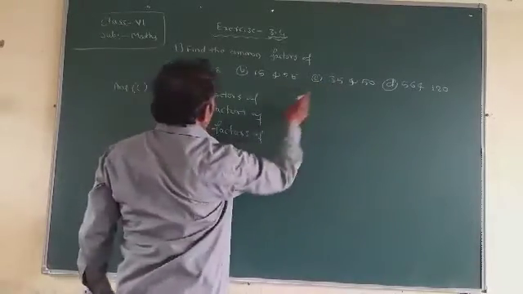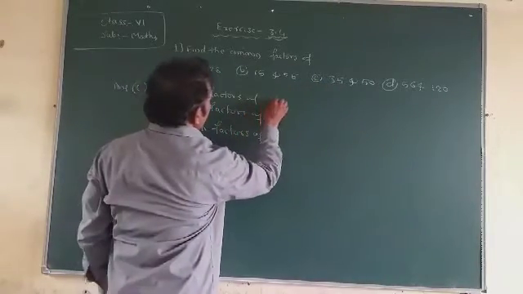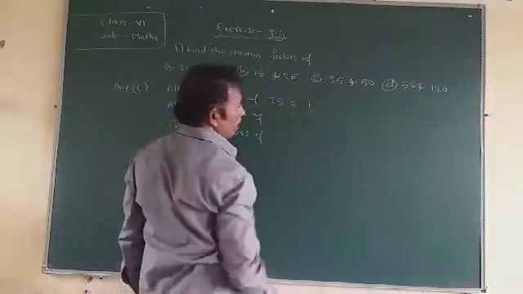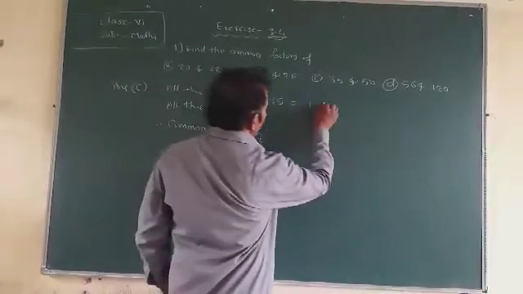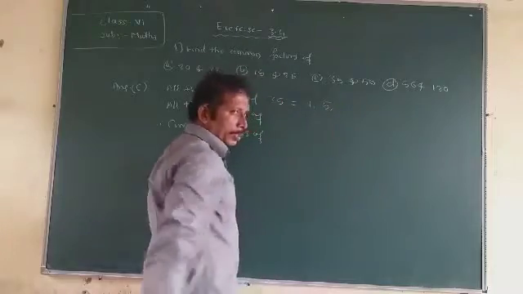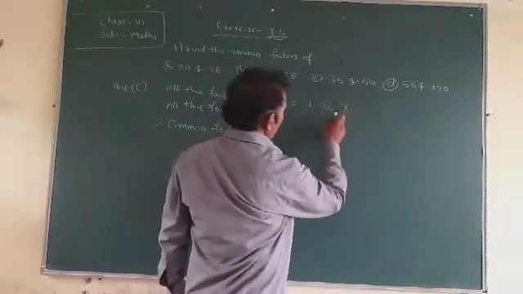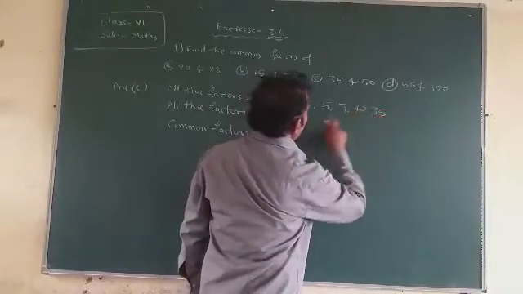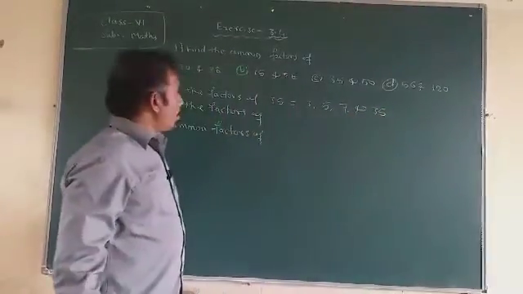Write all the factors of 35. All the factors of 35 is equals to 1 times 35 is 35, 5 times 7 is 35, 7 times 5 is 35 and 35. These are the factors of 35.